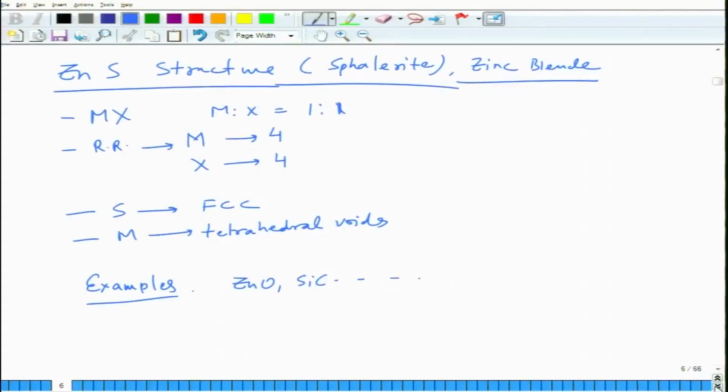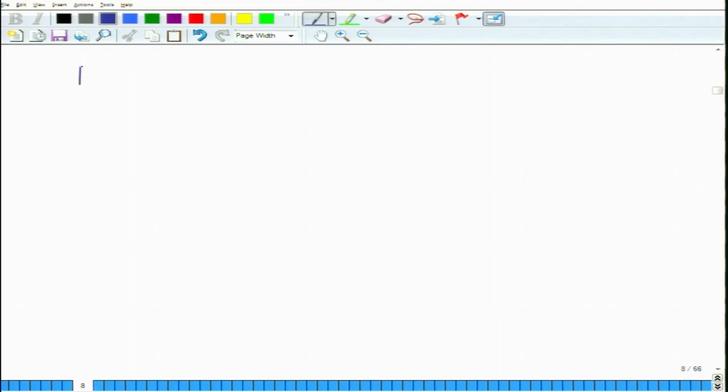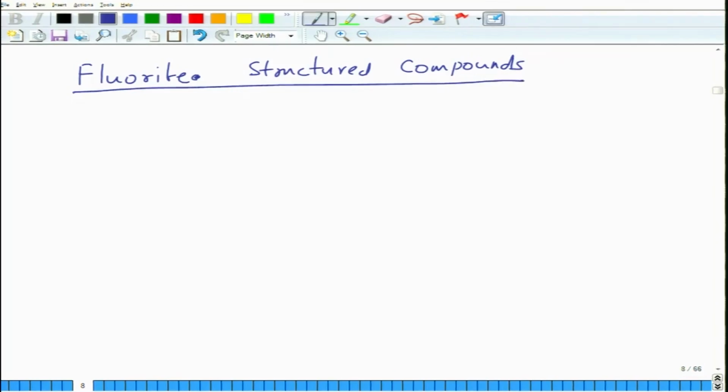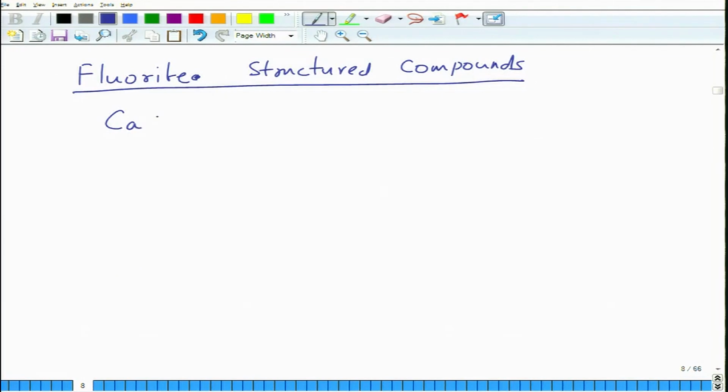Okay. So, let us see the third example, which is fluorite structured compounds. In this fluorite structured compound, the structures are based on the compound CaF2.